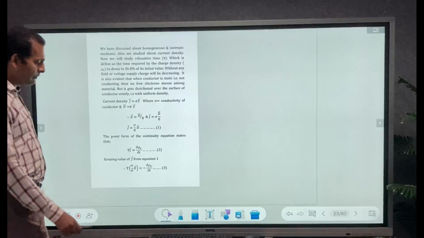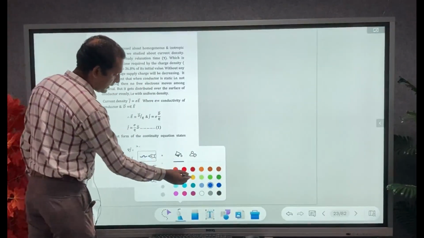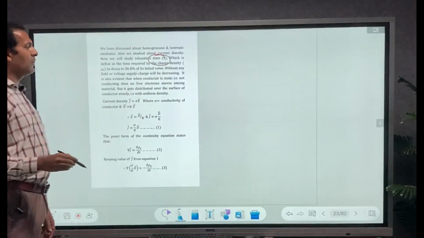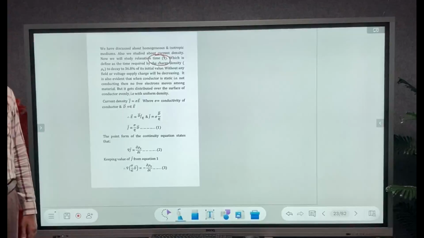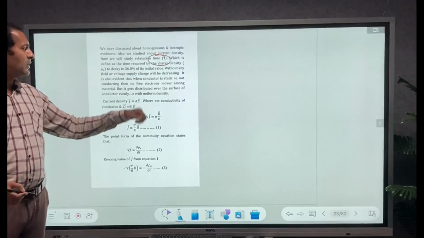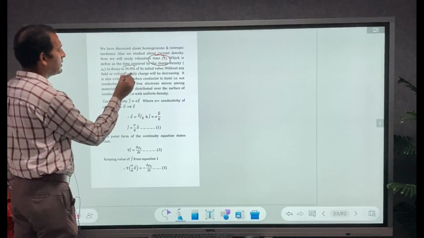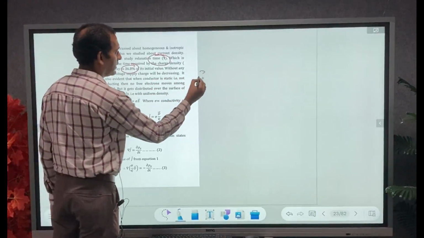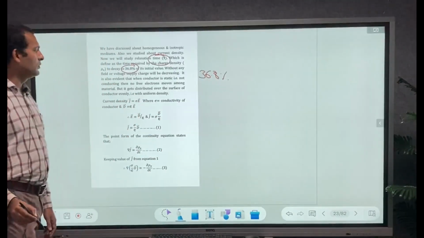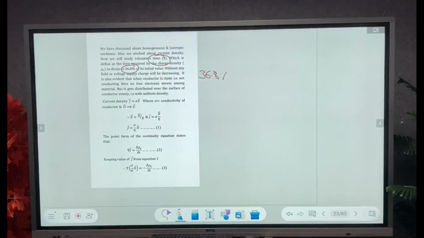Relaxation time tau, in a simple way we can say, is the time taken by charge to disappear from one place and to appear at another place. It is also defined as the time required by charge density to decay to 36.8% of its initial value without any supply voltage or battery.